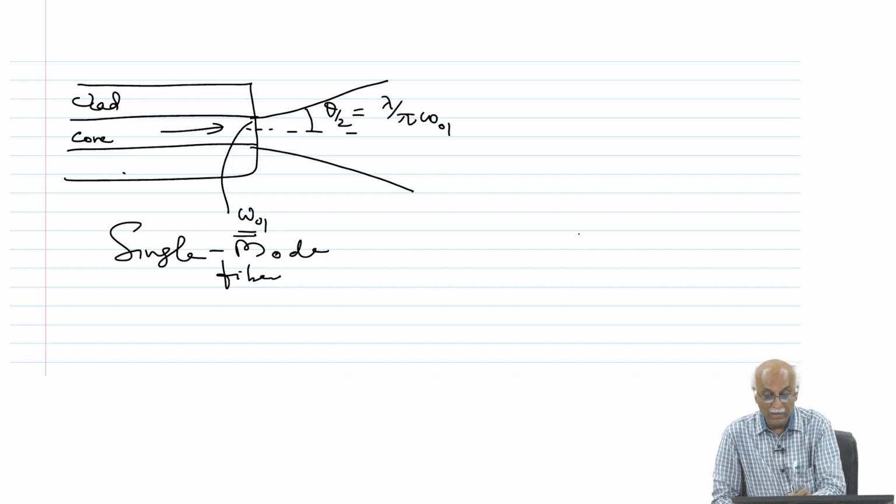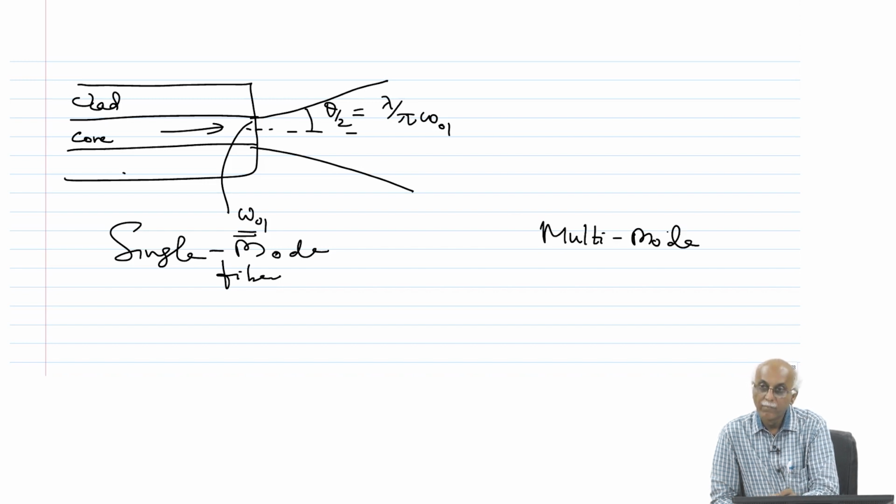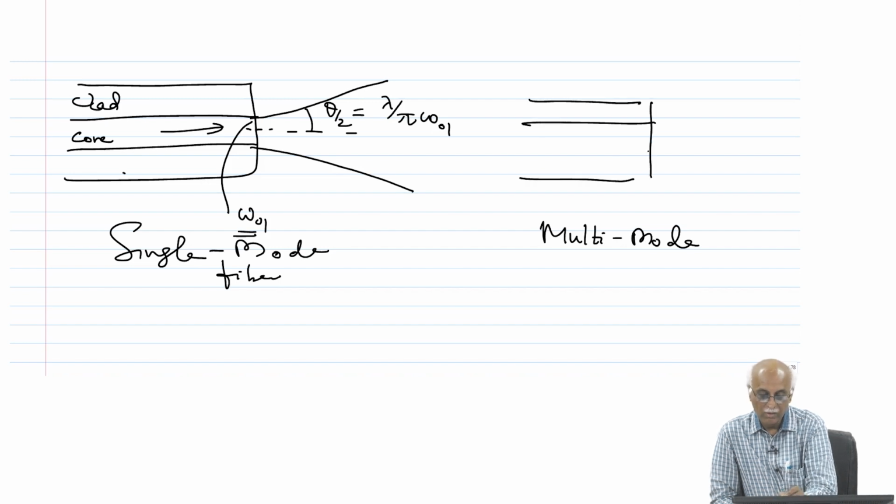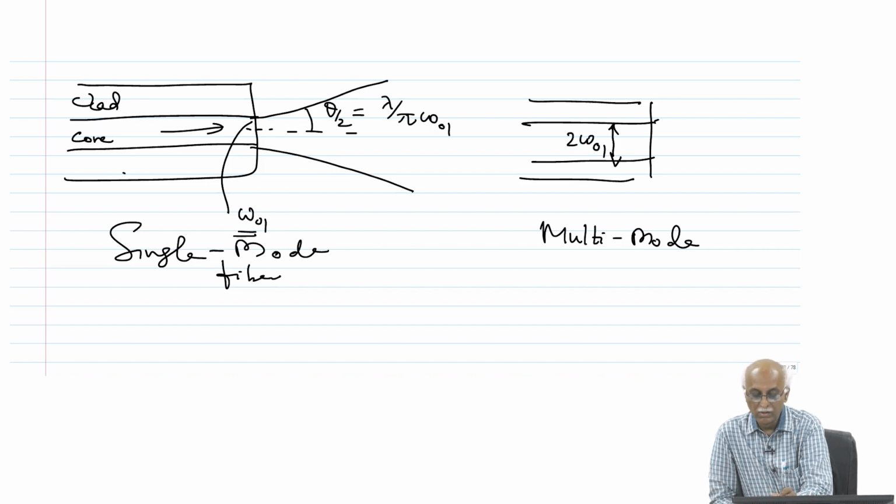If it is a multimode fiber, this divergence angle is decided by what? It is decided by the numerical aperture of the fiber.